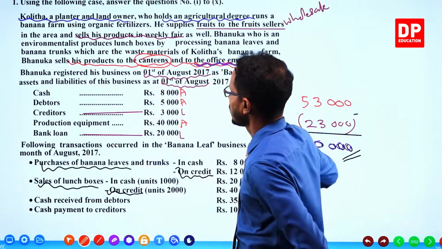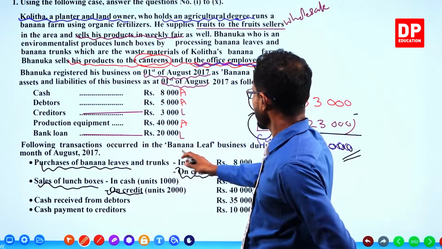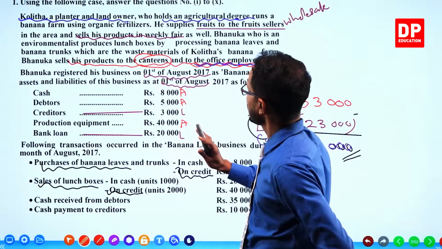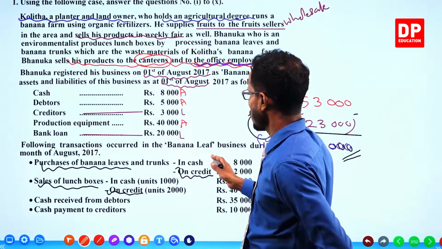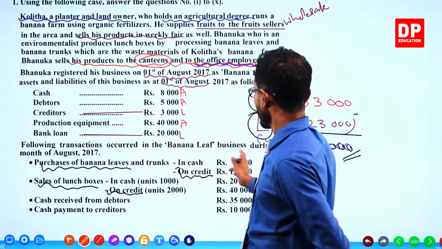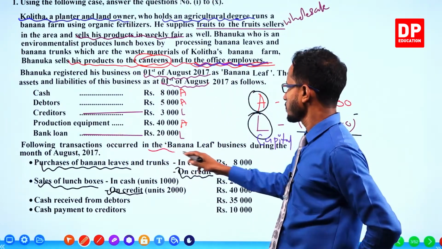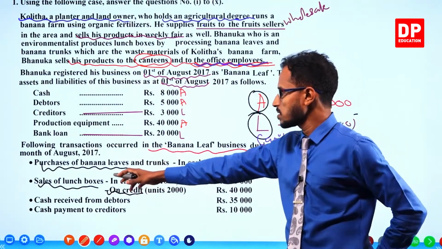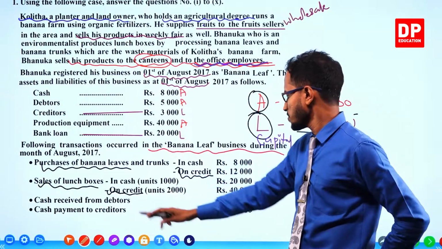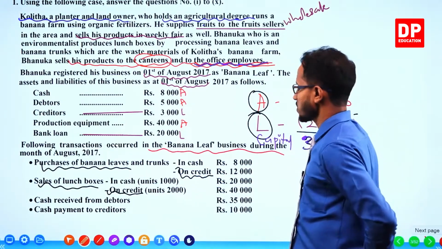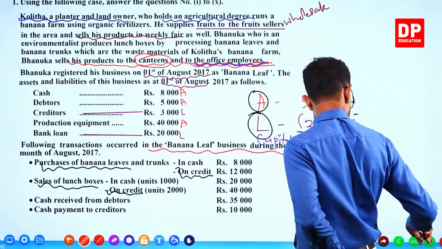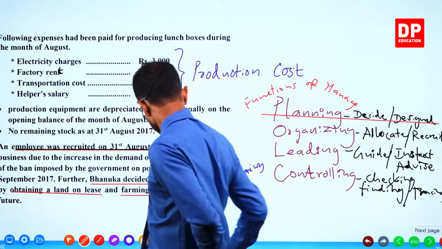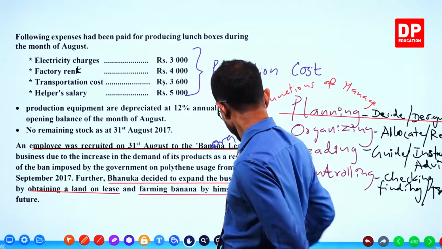The following transactions occurred in the banana leaf business: purchase of banana leaves and trunks, selling of lunch boxes, cash received, cash payment. Where is the production equipment? Oh yeah, it's here. Can you see this?